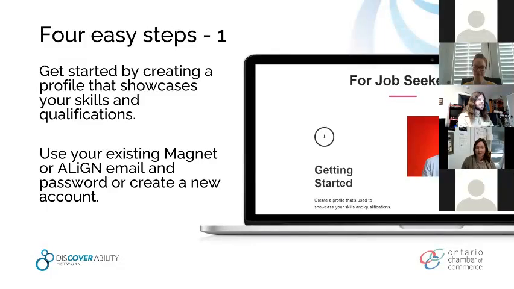If somebody has a Magnet account, or an Align email address and password, they can use those credentials to log into the Discoverability network. They don't need to create multiple accounts, and that goes both ways. If somebody has a Discoverability network account, they can log into Magnet's general site and use their job matching platform as well, just knowing that the employers on there are not specifically inclusive employers looking to do targeted recruitment of job seekers with disabilities.